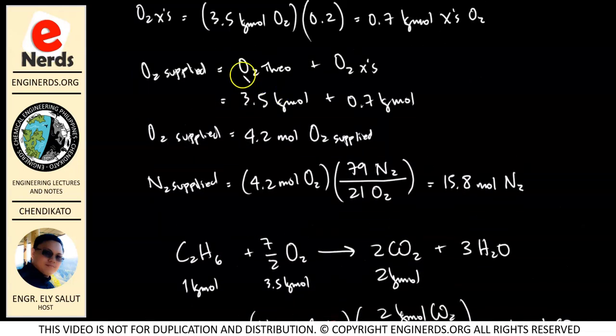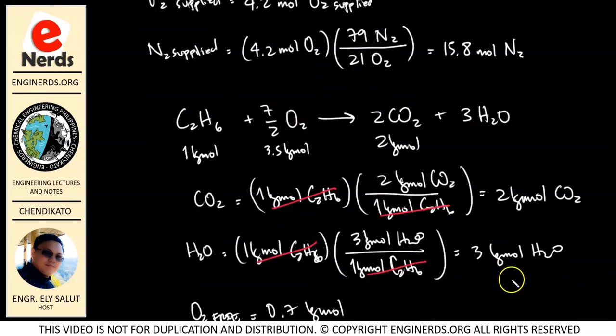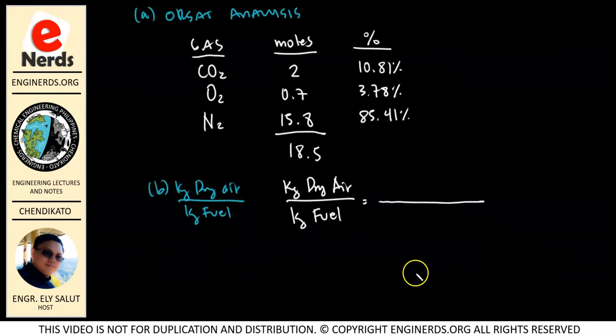We know that our air is composed of O2 and N2. So we need to add the number of moles of O2 and the number of moles of N2. So we have 4.2 plus 15.8. So this is the number of moles of our dry air.